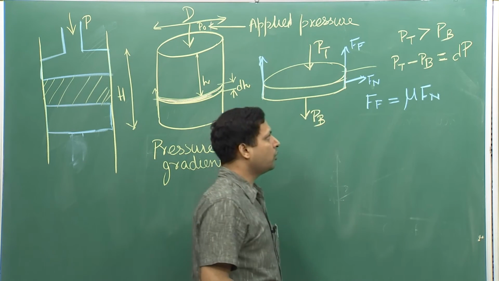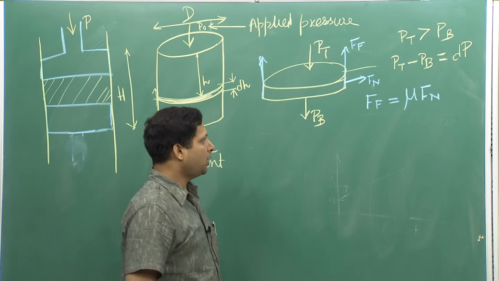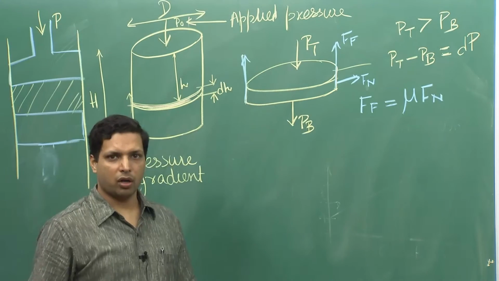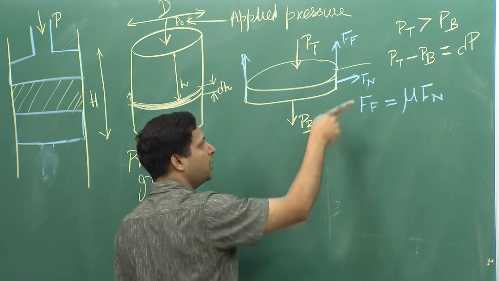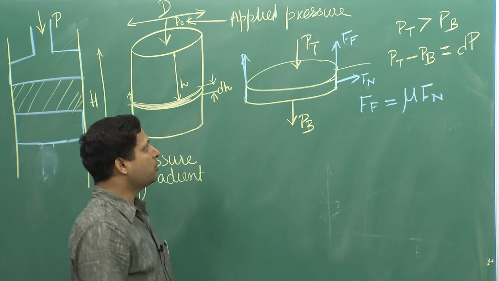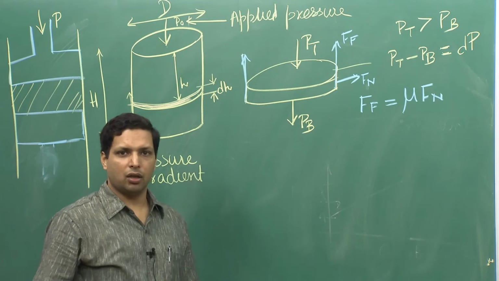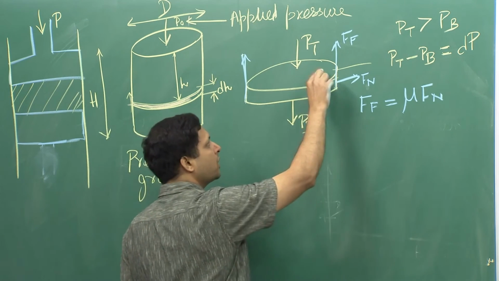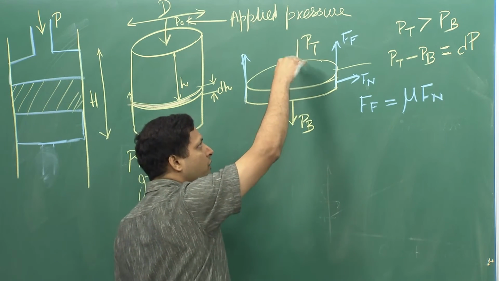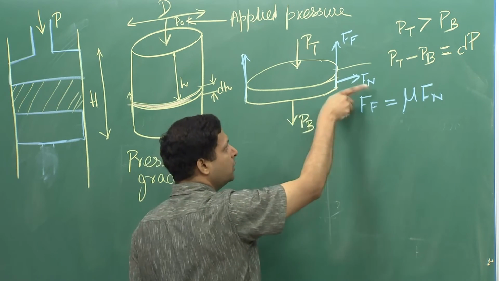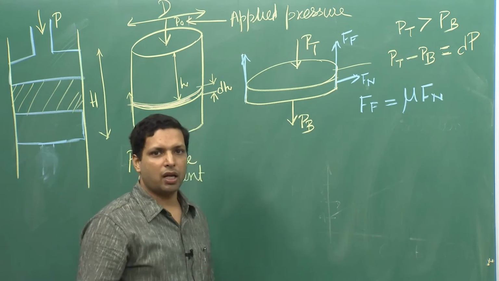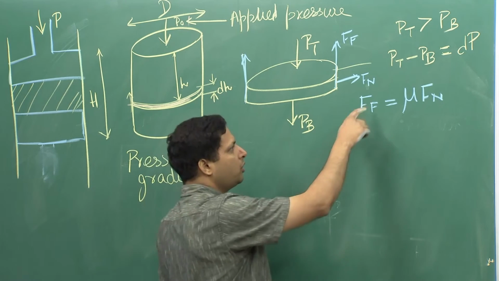But how do we know what Fn is? Fn, the normal force, has to be proportional to the forces acting on this particular thin section. So, we have to take an average of the force acting on this point, and there will be a proportionality constant which will give us Fn.